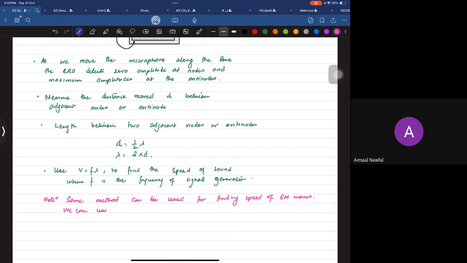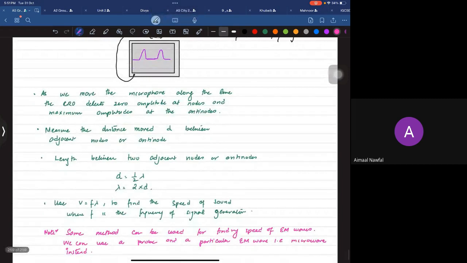We can use a probe and a particular wave, such as microwaves, instead, right? So we can basically find the speed of EM waves, which is the speed of light, really. So you can basically write that down as well.